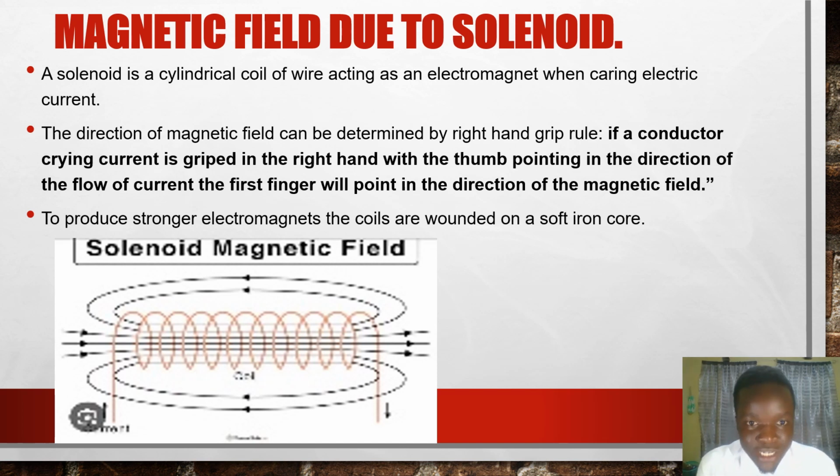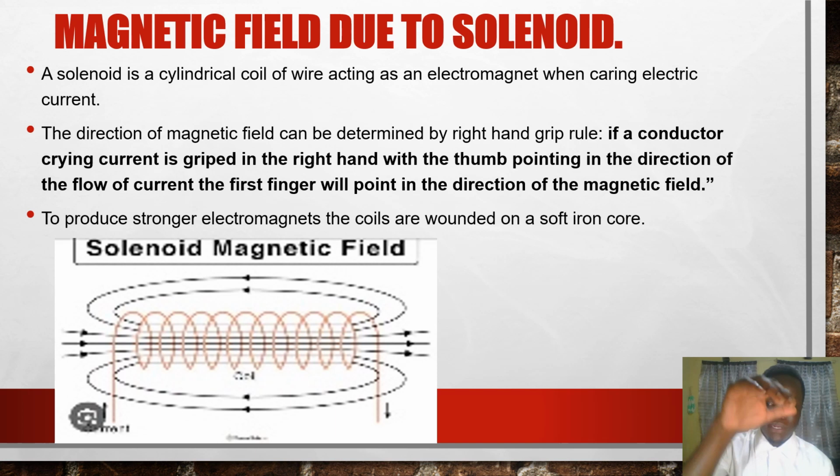The direction of magnetic field can be determined by the right-hand grip rule, which states that if a conductor carrying current is gripped in the right hand, with the thumb pointing in the direction of the flow of current, the first finger will point in the direction of magnetic field.